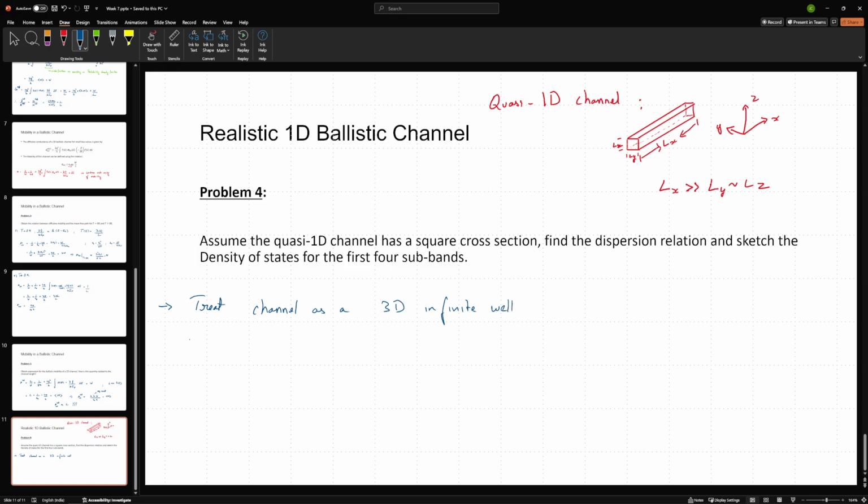From this, what are we going to have? First, I will get the energy relation.